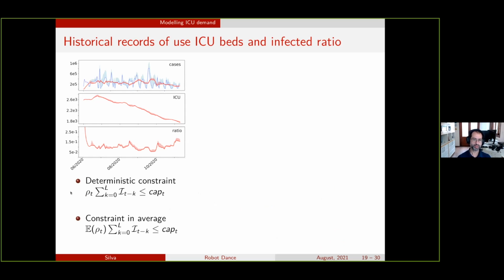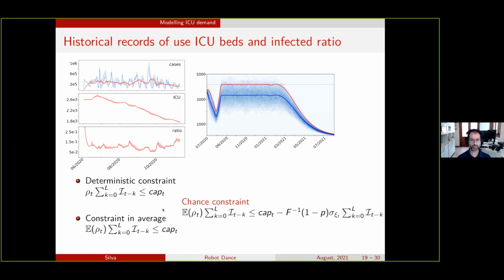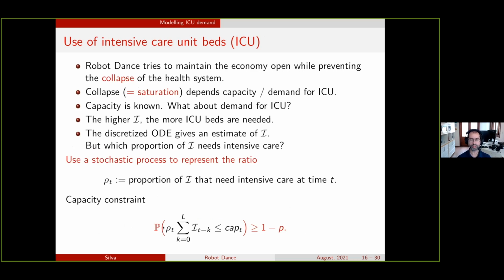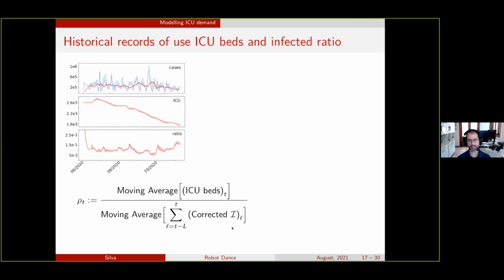And we can go from the deterministic constraint to an average constraint, but even better, we can go to a probabilistic constraint that says what we said before, which is the probability that our random process will fit in capacity is above 1 minus P, where P is a given number.